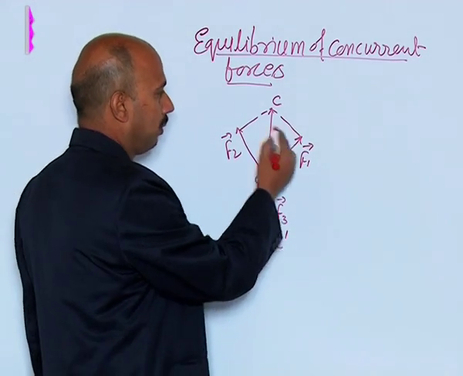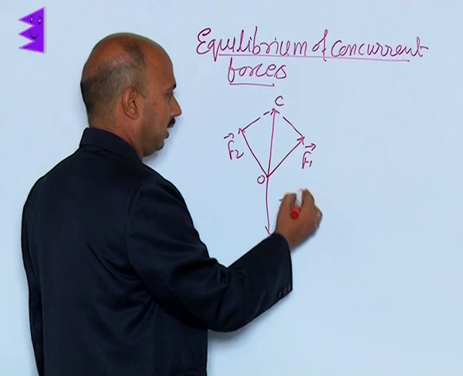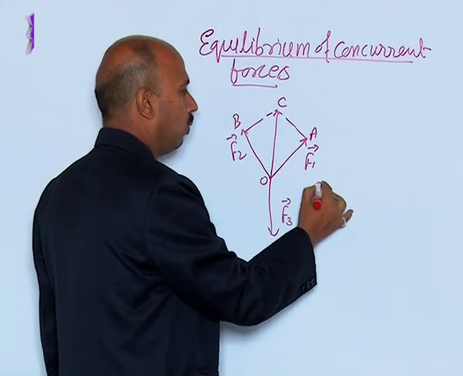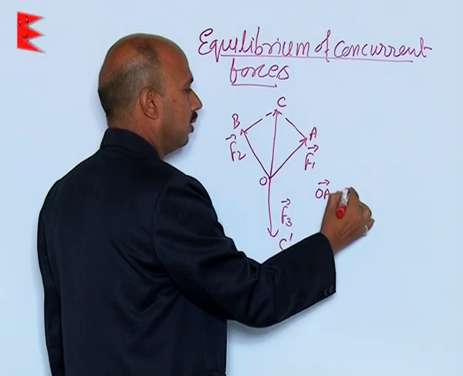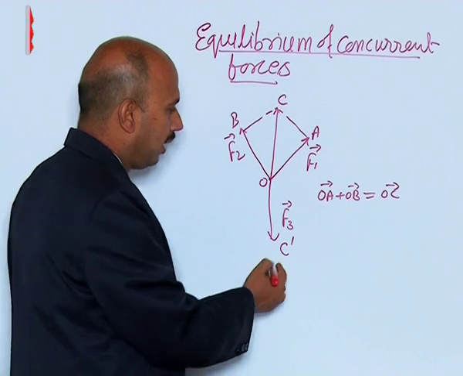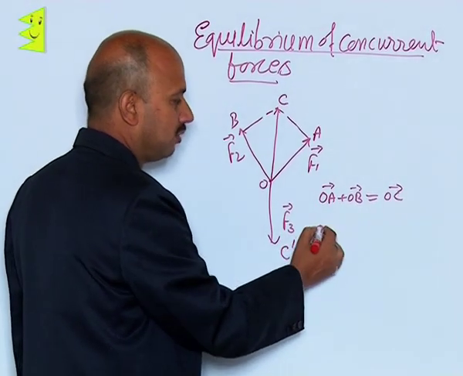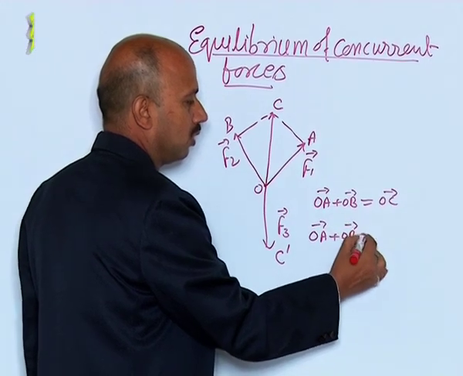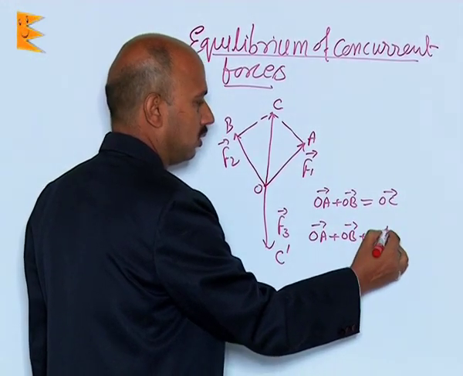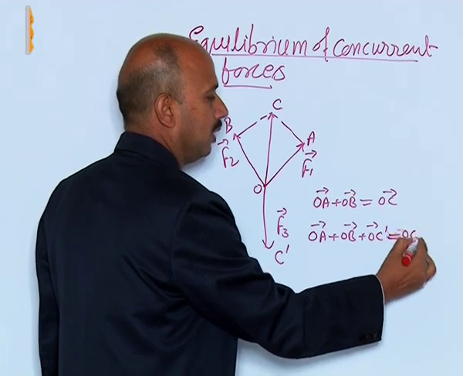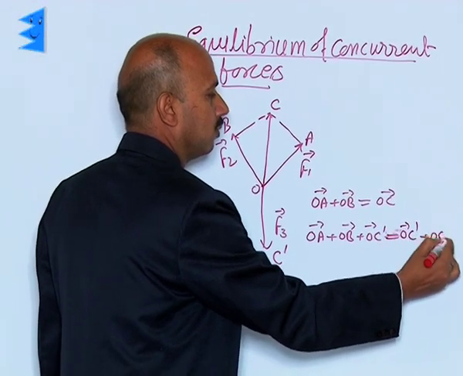Now see here, from here we can write the triangle of vector addition. This is A and B. We can write OA plus OB is equal to OC. Now add OC dash to both the sides, it will become OA plus OB plus OC dash is equal to OC dash plus OC.